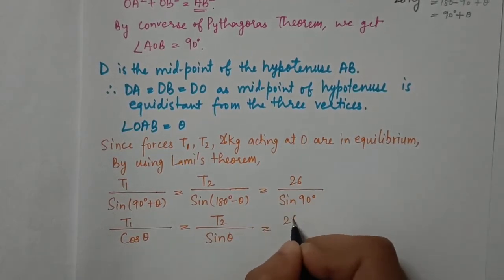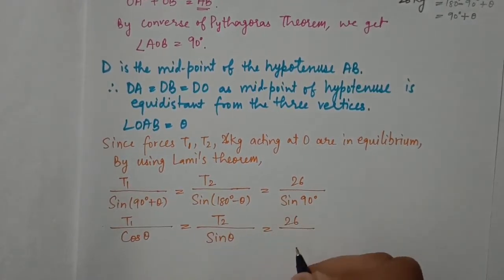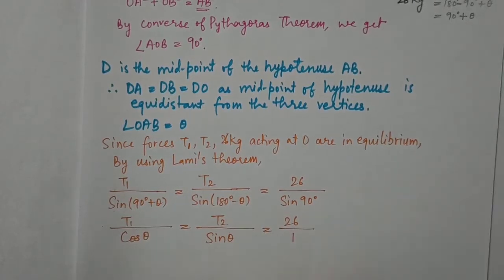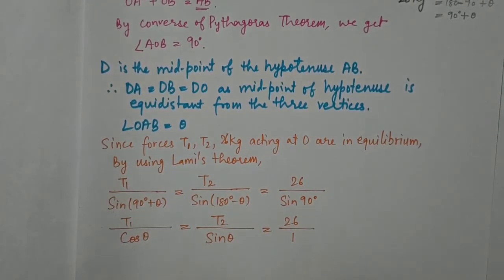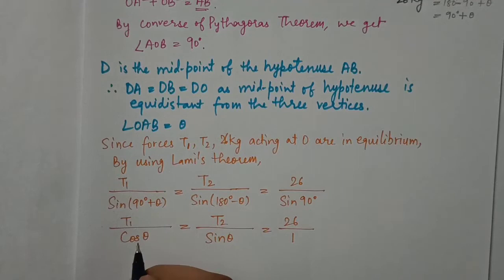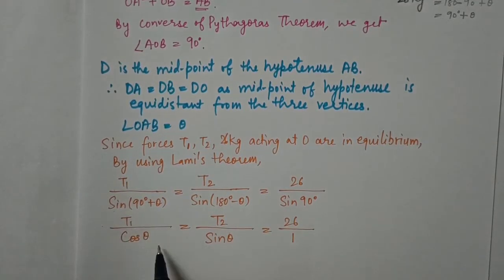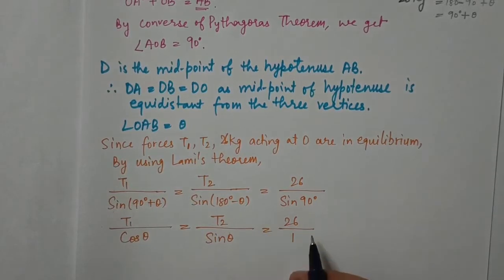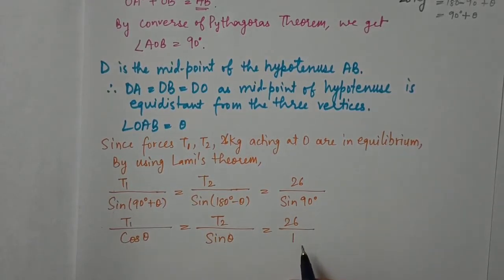And now 26 upon sine 90 degree, what is the value of sine 90 degree? It is 1. So if we equate T1 upon cos theta, that is equal to 26. I'm just going to say 26 because 26 upon 1 is equal to 26.